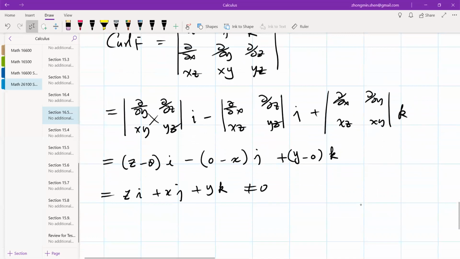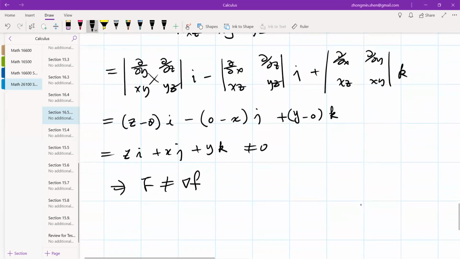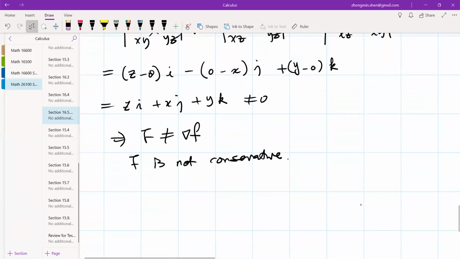So the curl of the vector field is not 0, then definitely we conclude that this vector field F is never a gradient of some function. So F is not conservative.